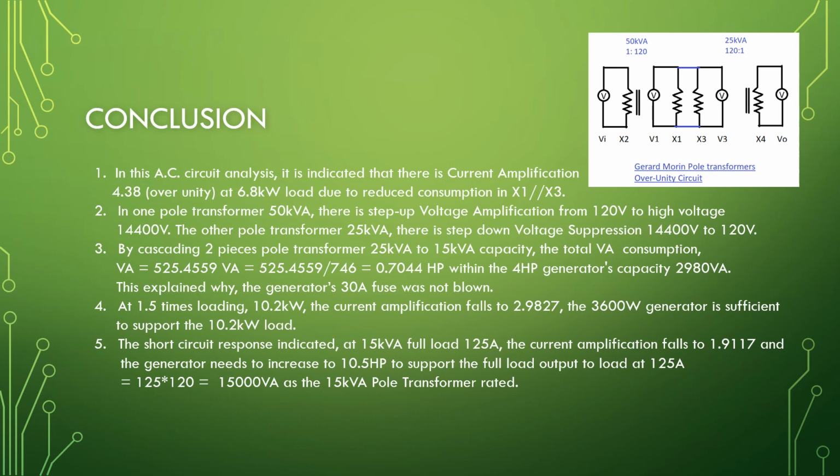The short circuit response indicated that at 15 kVA full load, 125 ampere, the current amplification falls to 1.9117, and the generator needs to increase to 10.5 horsepower to support the full load output to load at 125 ampere, equal to 125 times 120 equal to 15,000 VA, as the 15,000 VA pole transformer is rated.